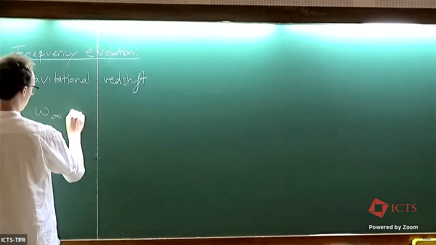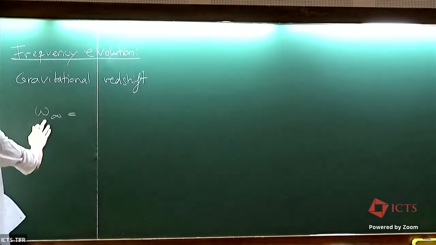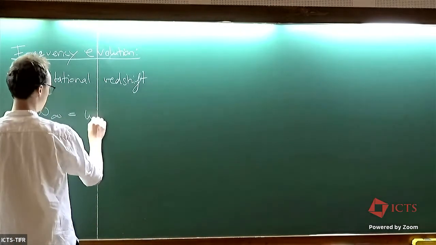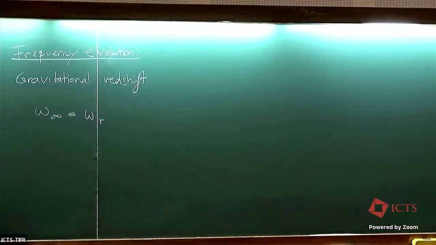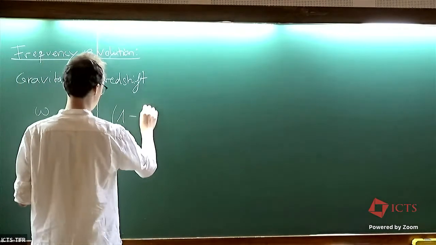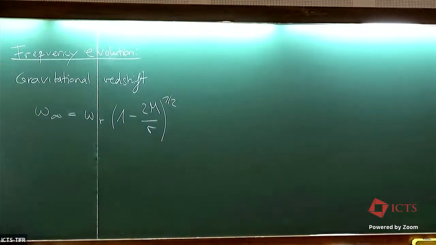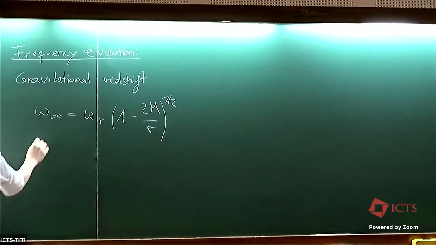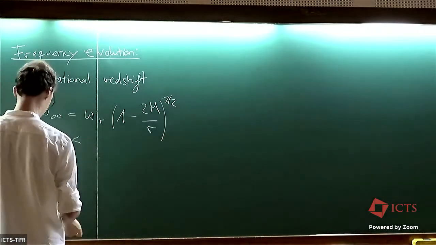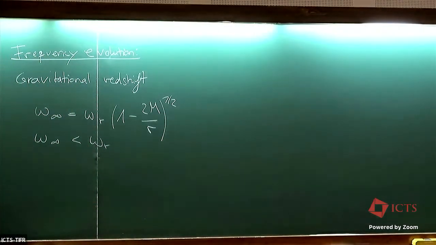Okay, so the frequency of let's say a photon that you detect at infinity is equal to the frequency of that photon sent out at some radius r, multiplied by this factor. Okay? So basically what this means is that the frequency at infinity is more than the frequency that the photon had when it was sent out. Okay?